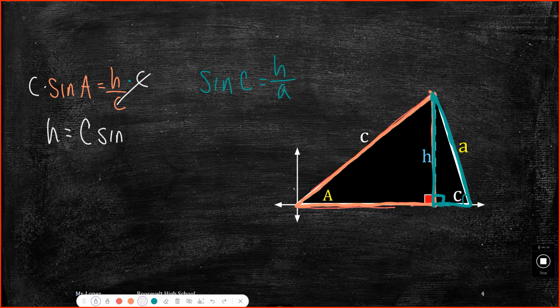It's a little c, a side. It's a little c times sine of capital A. And this one over here is going to be times little a. So then H is equal to a sine C.